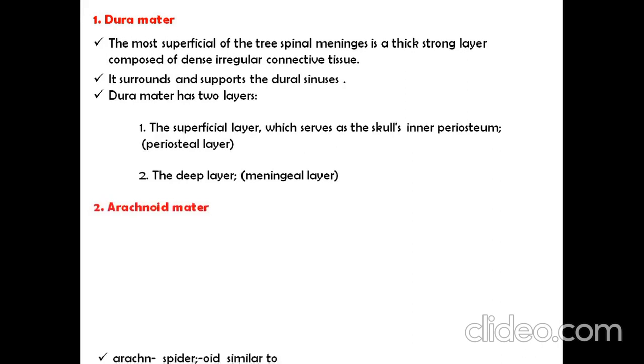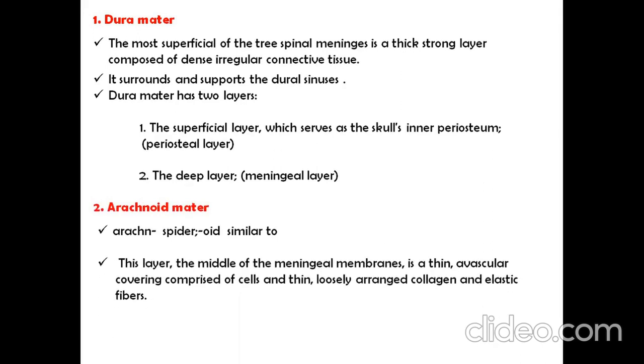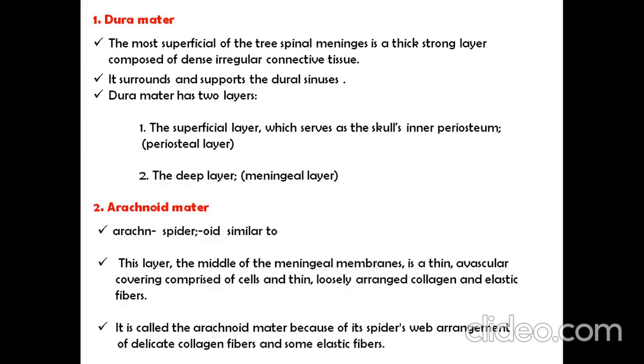Second one is the arachnoid mater. Arachn means spider and oid means similar to. This middle layer of the meningeal membrane is a thin, avascular covering comprised of cells and thin, loosely arranged collagen and elastic fibers. It is called the arachnoid mater because of its spiderweb arrangement of delicate collagen fibers and some elastic fibers.